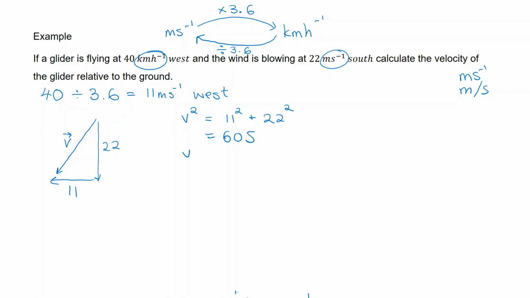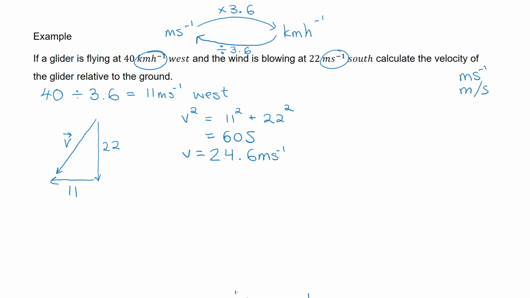So to find v, I need the square root of that, and the square root of 605 is 24.6. I'm going to 3 significant figures now, which is a bit naughty, but I just don't really like using 2 significant figures. It just feels like not enough. All right, so that's meters per second, isn't it?